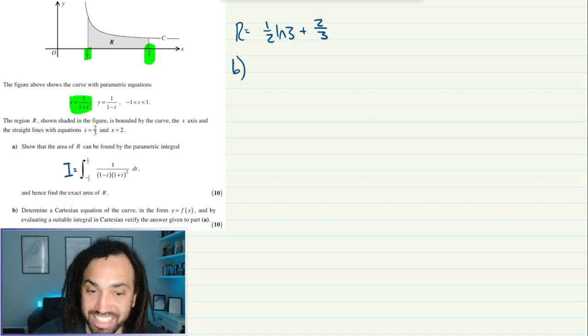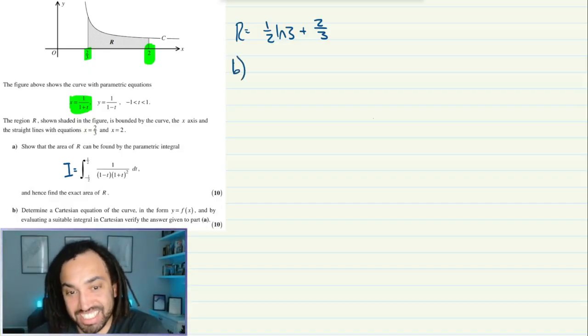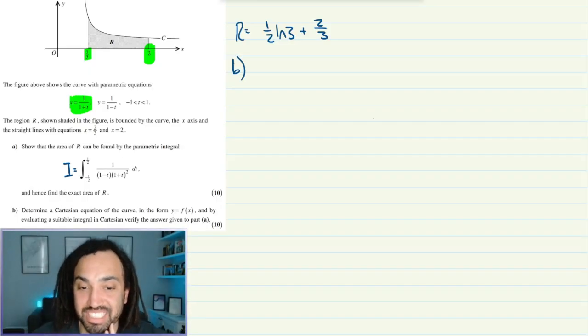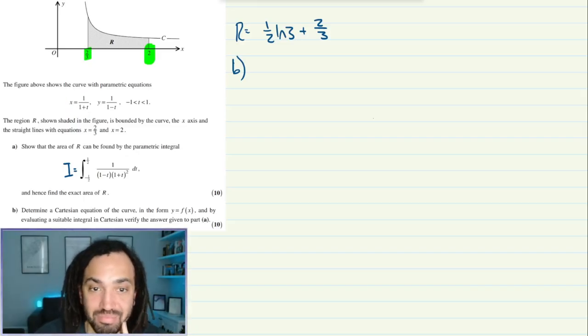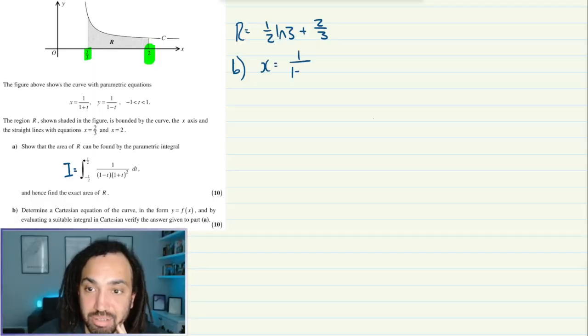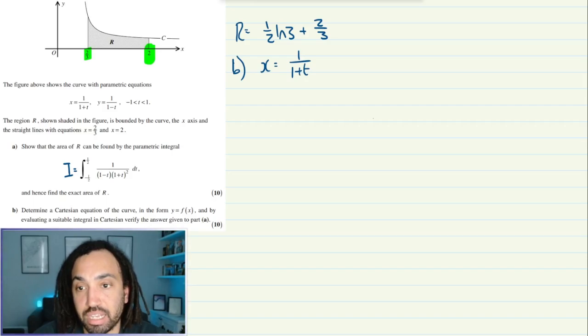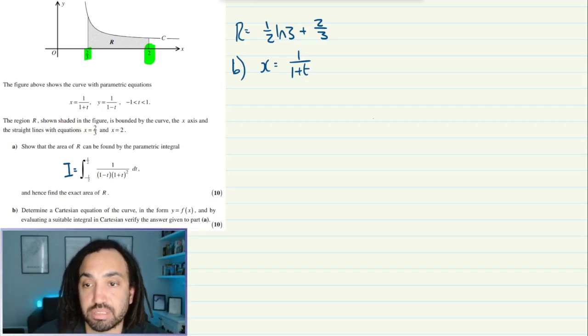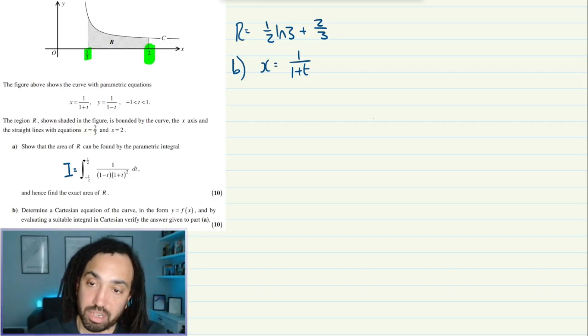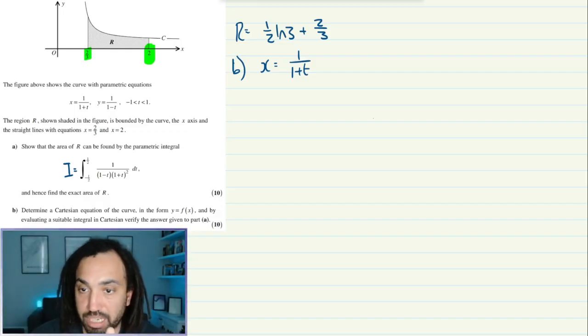Okay, part B. Let's go. It says determine the Cartesian equation of the curve. Okay, so I'm going to start with the x, and then I'm going to rearrange for t. So I'm going to swap over the x and the 1 plus t, basically, just by multiplying and then dividing.